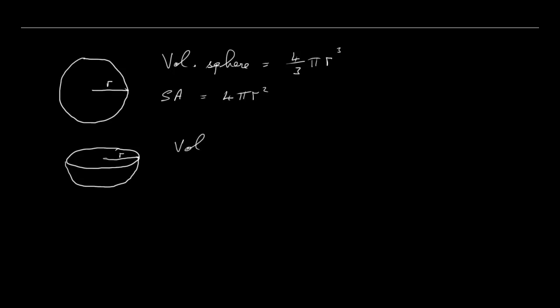So the volume of our hemisphere is going to be half the volume of the sphere. So really that's going to be 2/3 pi r cubed. It's just 4/3 times a half, which is 4/6, which is 2/3.